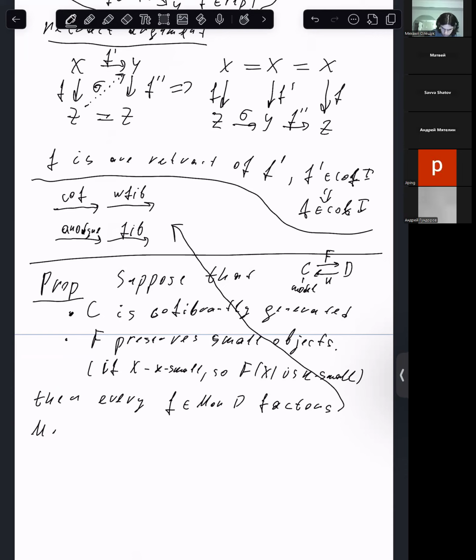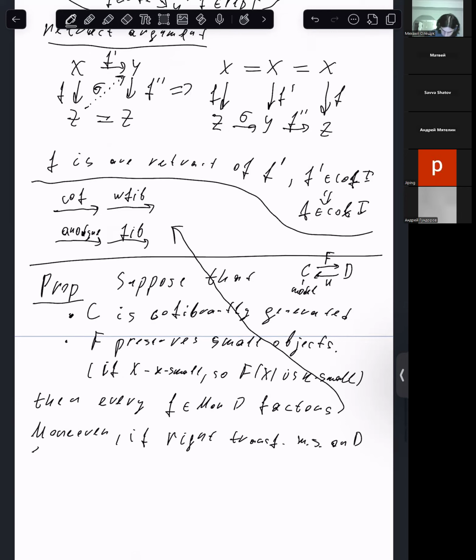And moreover, if the right transferred model structure on D exists, then D is itself cofibrantly generated.